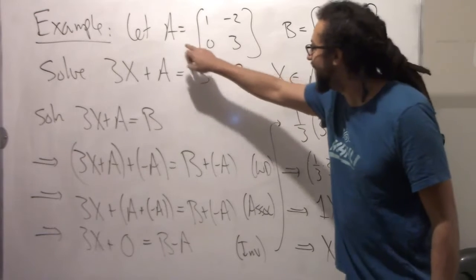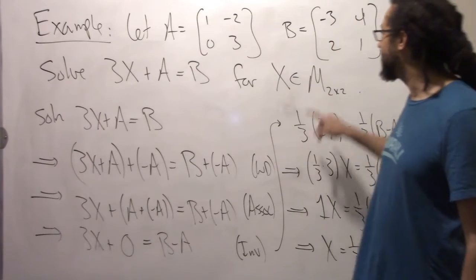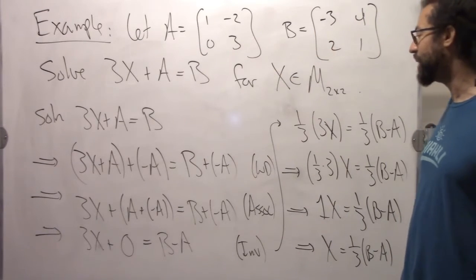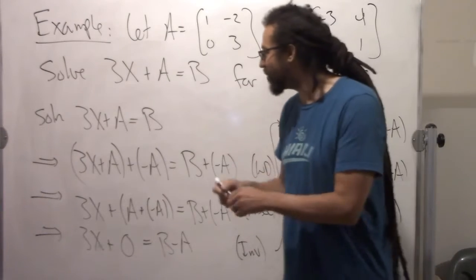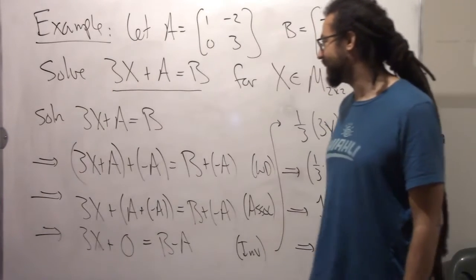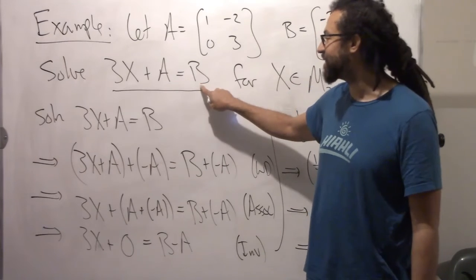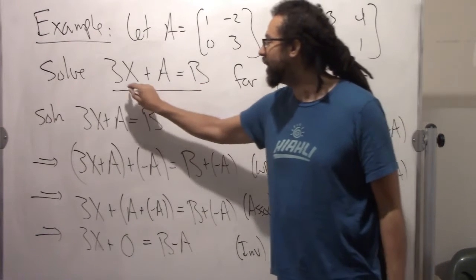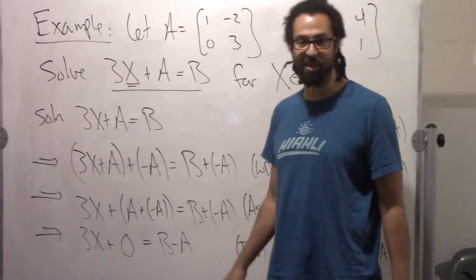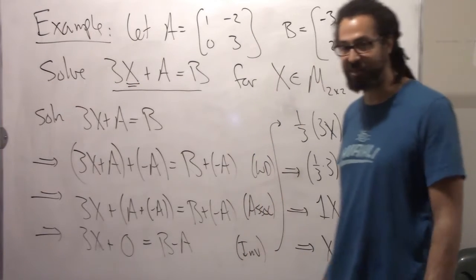So let's let A equal this 2 by 2 matrix, and let's let B be this 2 by 2 matrix. And we want to solve this equation for x, right? So this thing is a 2 by 2, this thing is a 2 by 2, and so we know that x must be a 2 by 2 matrix. Has to be.